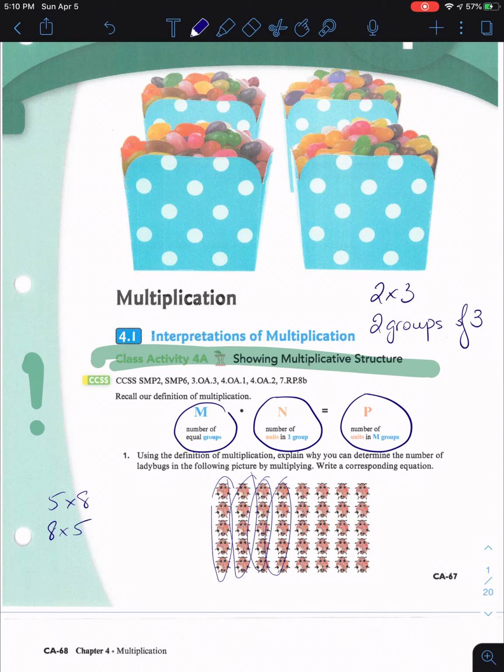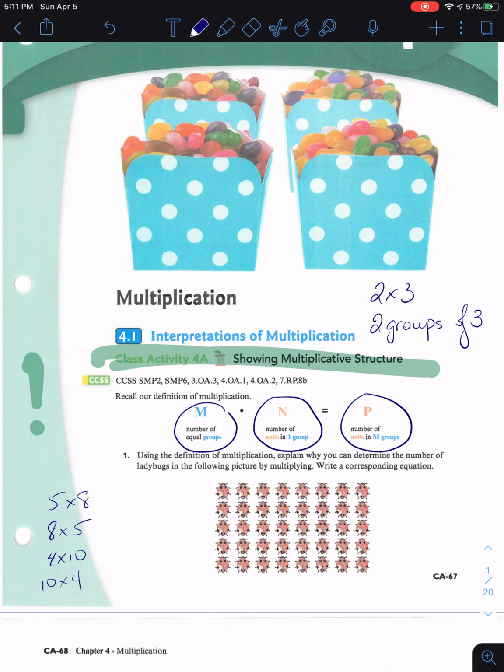We could also see this as, I don't know if you caught this one initially, 4 groups of 10. There are lots of different ways that we can view this. We can look at groups of 4, so there will be 10 groups of 4, etc. So there are lots of different ways that we can view this particular array as multiplication.